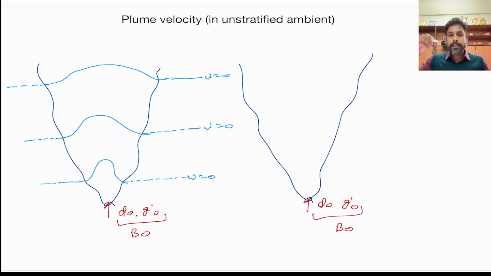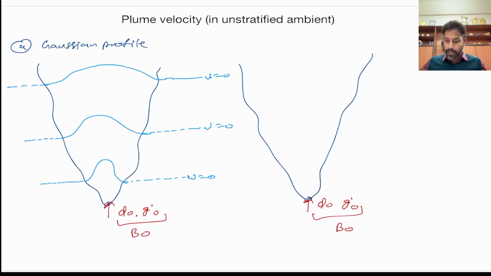What you see in the curve is the velocity profile, and it has its maximum value at the center line of the plume, and as you go away from the center line, the velocity decreases. So this is the first assumption, where we assume the velocity follows a Gaussian profile, where it is 0 or tends to 0 away from the plume, increases at the center, and then comes down.